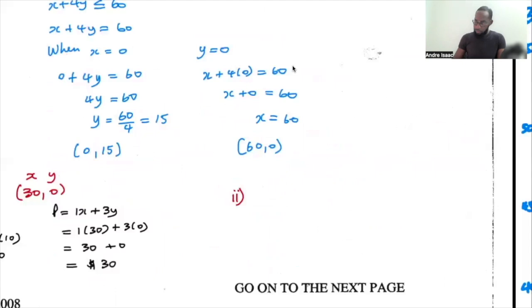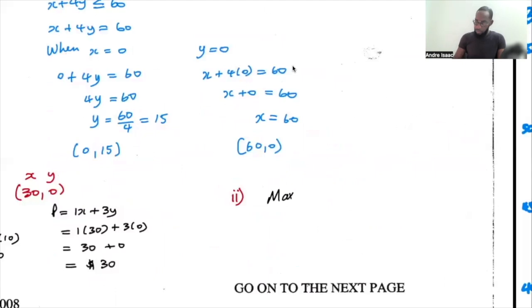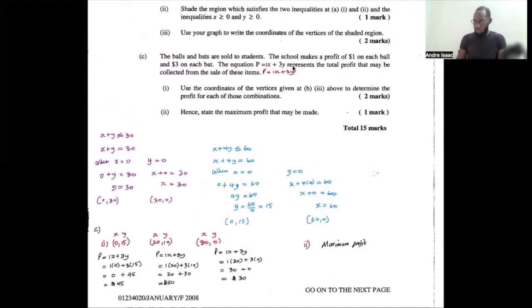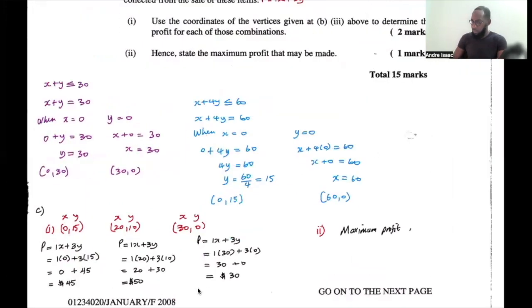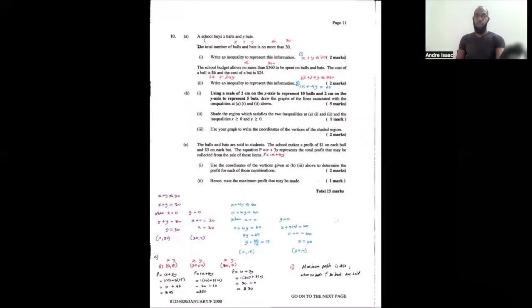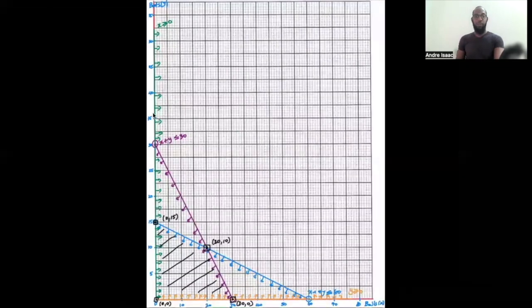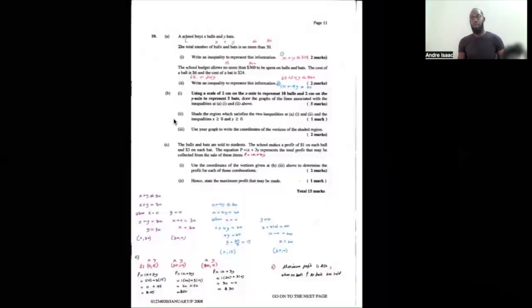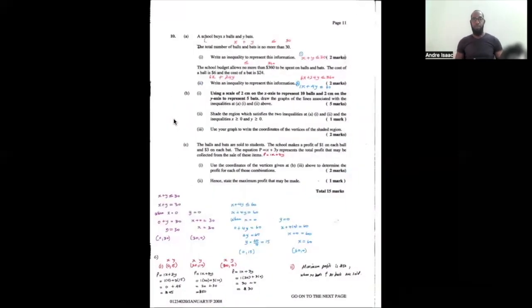So the maximum profit is $50. So here we have all our working, right? And here we have the actual graph. All right, so that's it for linear programming.